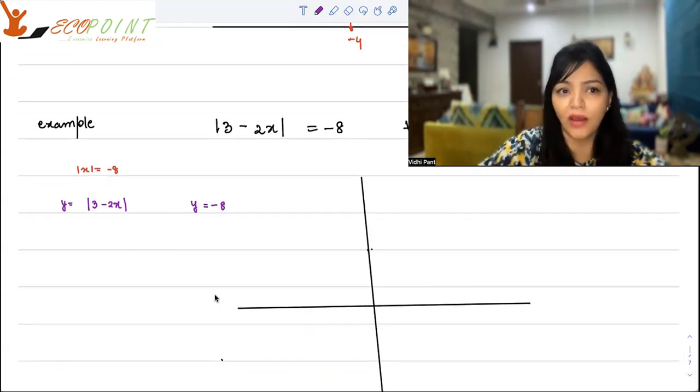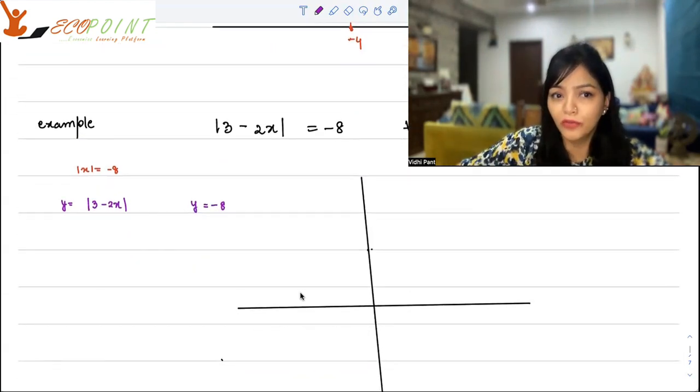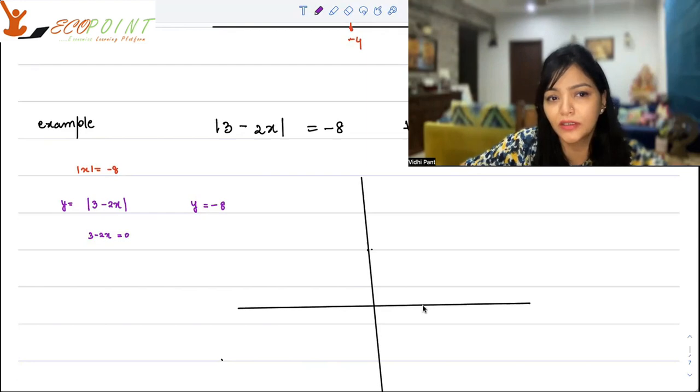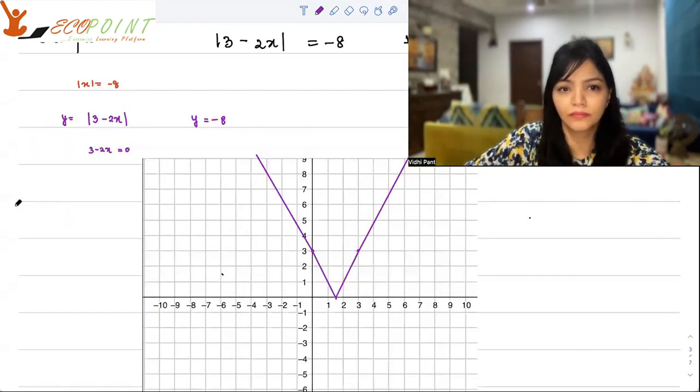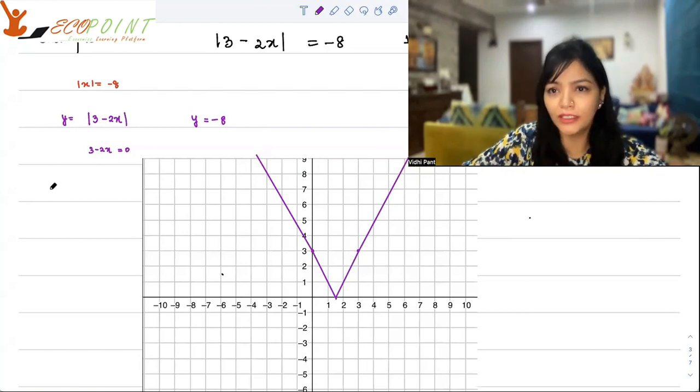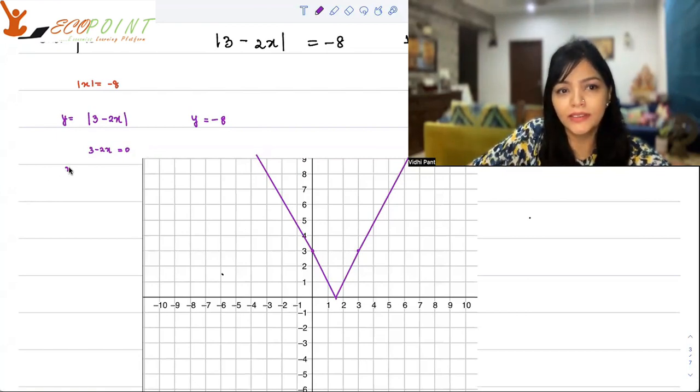Let's try and graph mod of 3 minus 2x. By now, we know how to graph modulus functions. I'm assuming that you've done that video with me. So you can put this equal to 0, and that gives you the point 3 by 2. So this is what the graph would look like. When x is equal to 3 by 2, y is equal to 0.